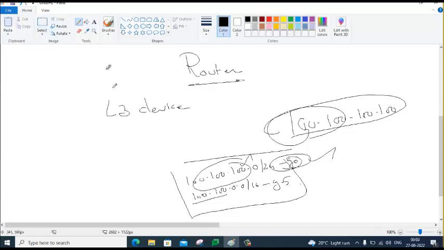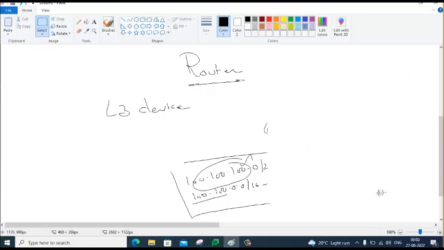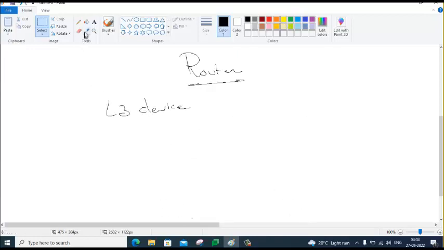Now, layer 3 decisions are nothing but routing decisions. Routing decisions are done only on routers, not on the switch. That's why a switch cannot be a layer 3 device. A router only connects between multiple networks. And every port on a router has got a dedicated collision domain as well as a broadcast domain.